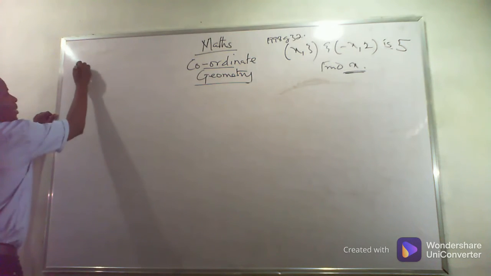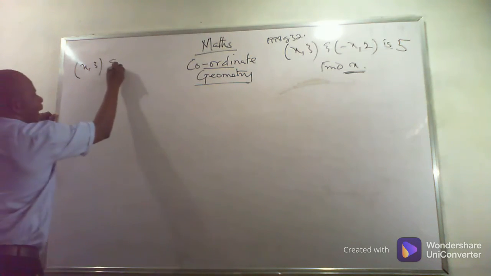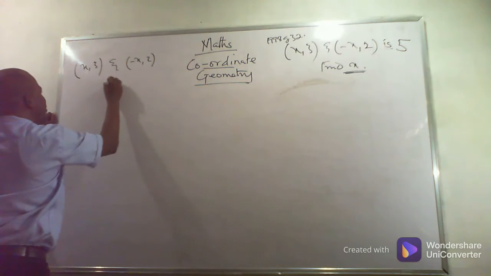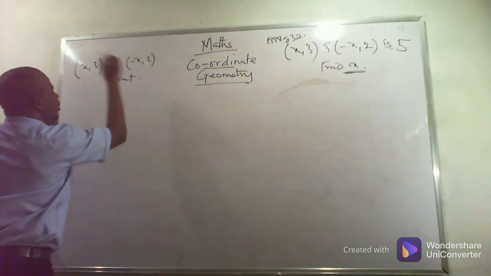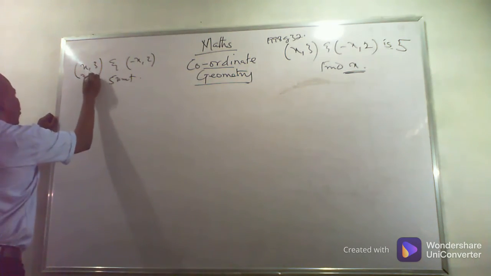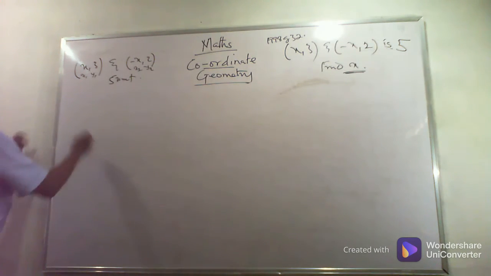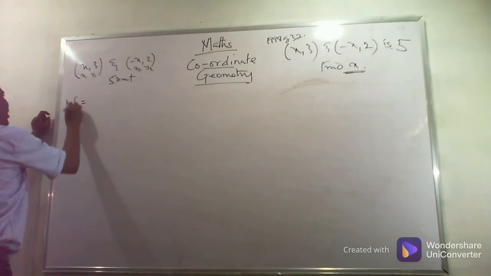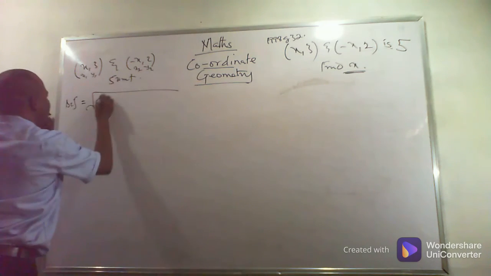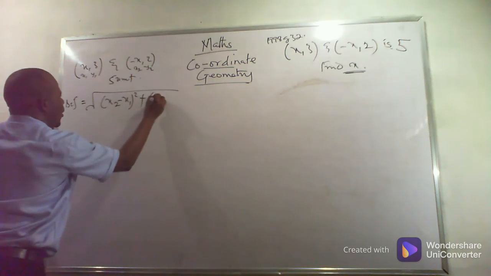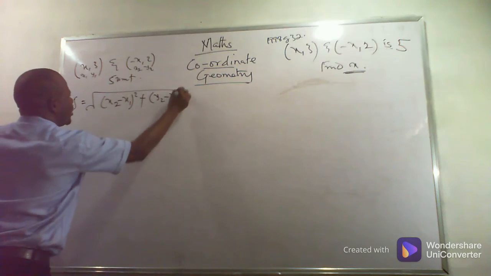The question reads x, 3 and minus x, 2. And the question said the distance between them is 5 units. So this is x1, y1. This is x2, y2. What's the formula? The same. Distance is square root of x2 minus x1 squared plus y2 minus y1 squared.